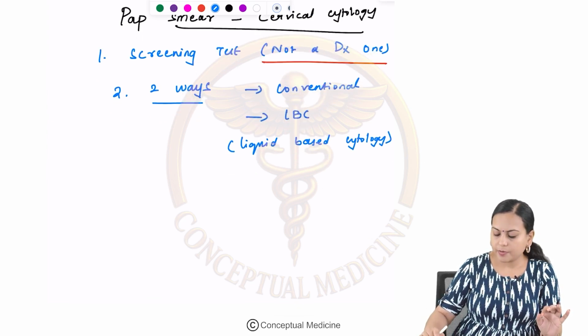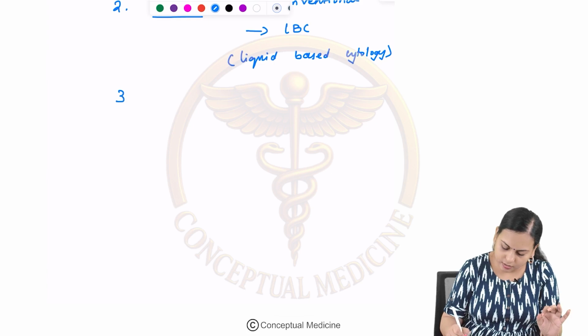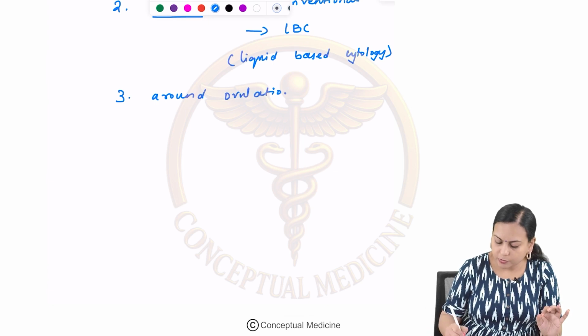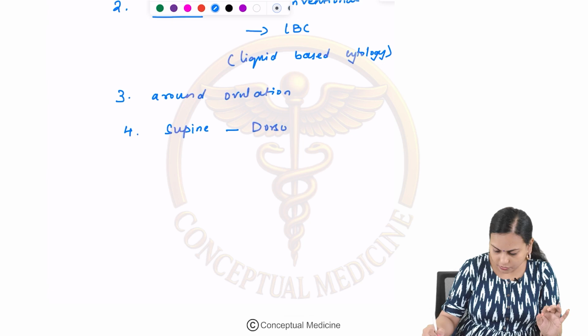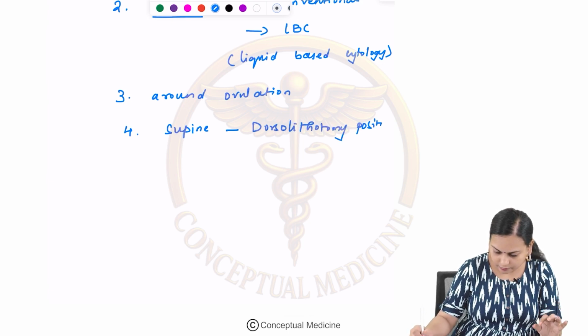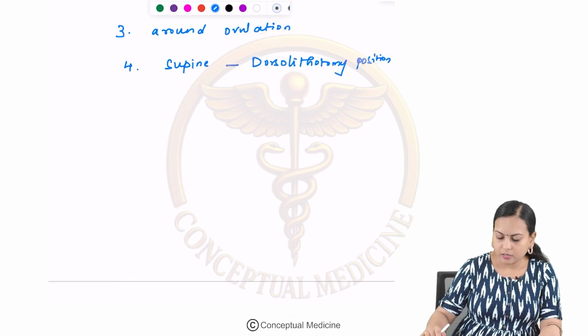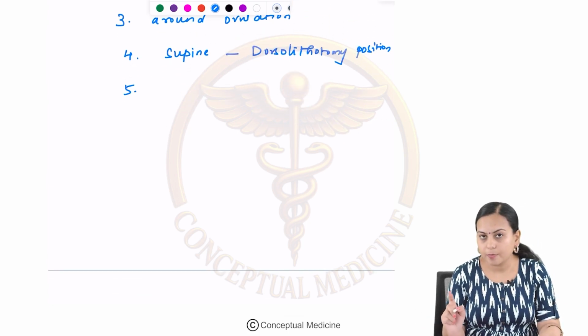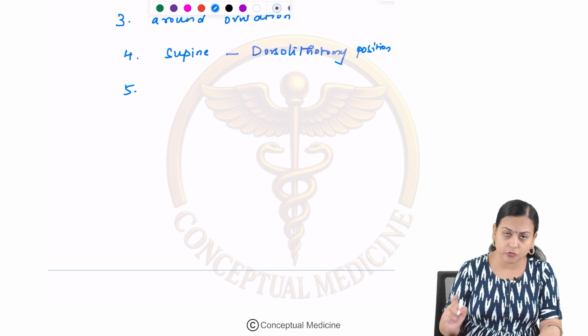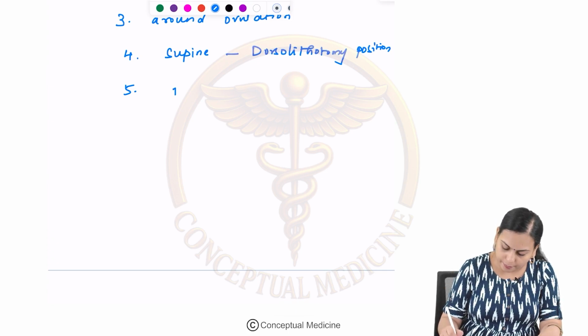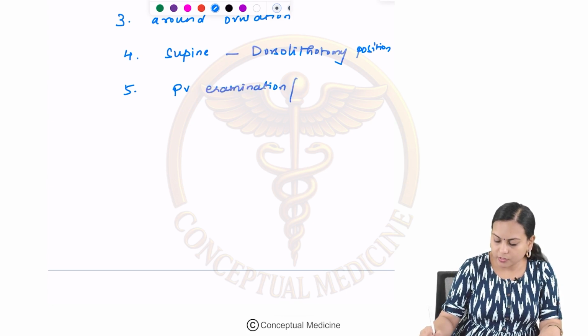Okay. So, the best time to do the test is around ovulation, and the position of the patient will be supine, that is dorsolithotomy position. Okay. And remember, if you are planning on a pap smear, you shouldn't do a per vaginal examination or use any lubricants.